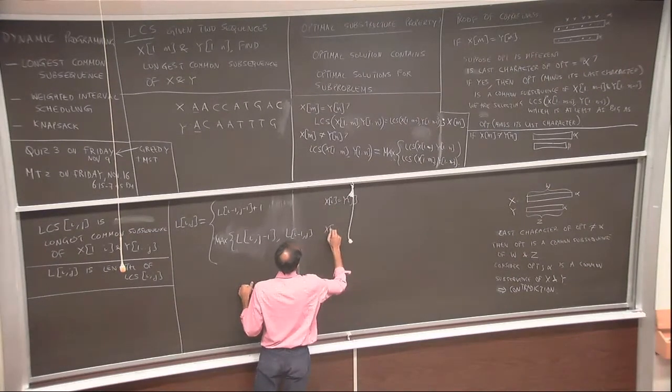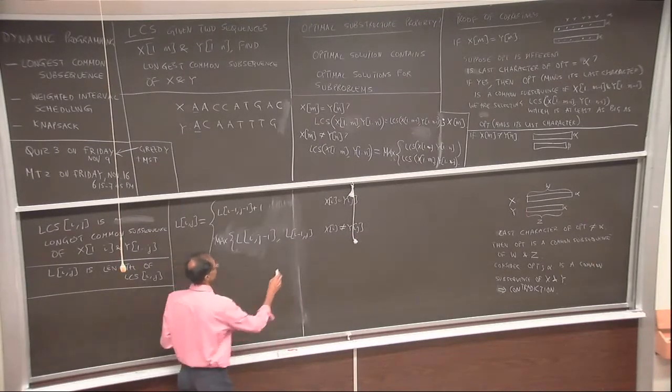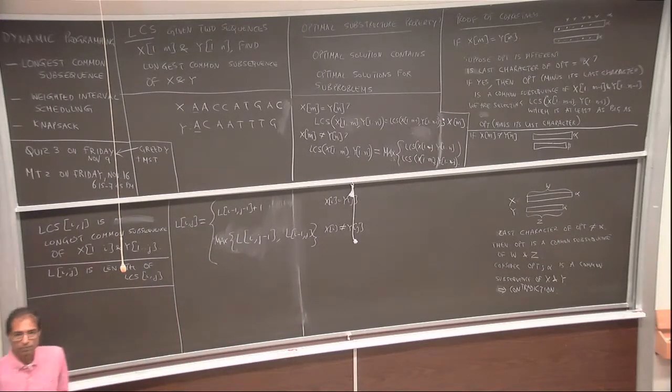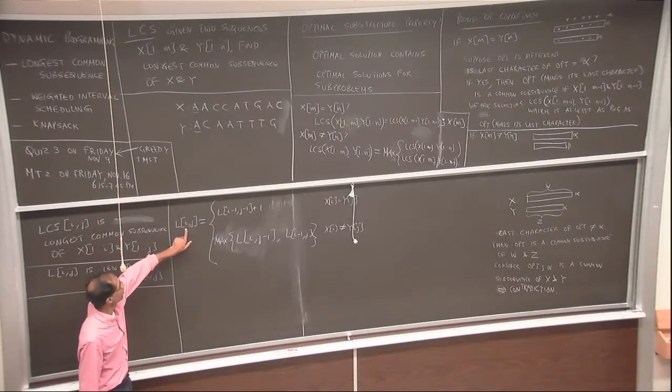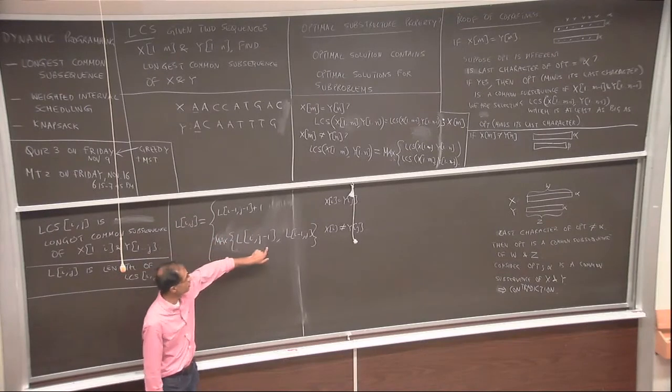Here the condition is x_i not equal to y_j. Okay? So this looks good. So you clearly see that there is a recurrence of how you're defining L i j, how you're solving L i j by solving L i minus 1, j minus 1 or i, j minus 1 or i minus 1, j.